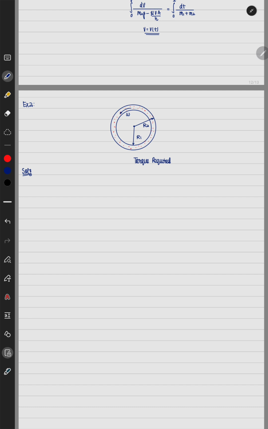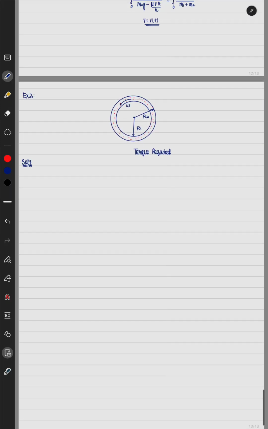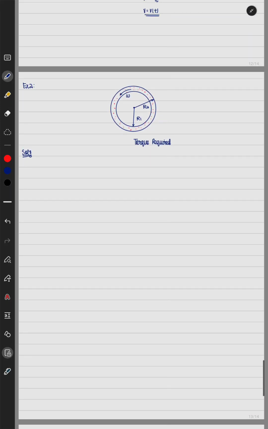The no slip condition says that if a surface is moving at some velocity v, the fluid particles adjacent to that surface will also move with the same velocity v. So the velocity at the inner cylinder is omega into r1, and the velocity of the fluid adjacent to the outer cylinder is 0.